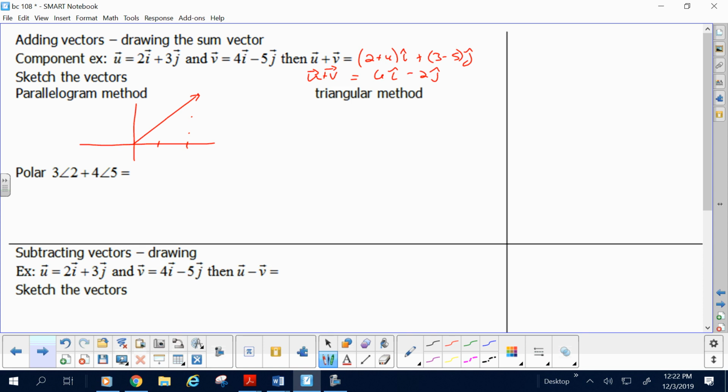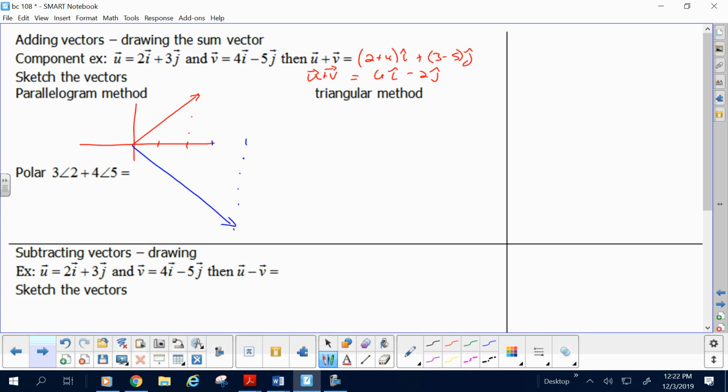If you draw vector v also from the origin, then it's right 4, down 5. Follow me? Okay.